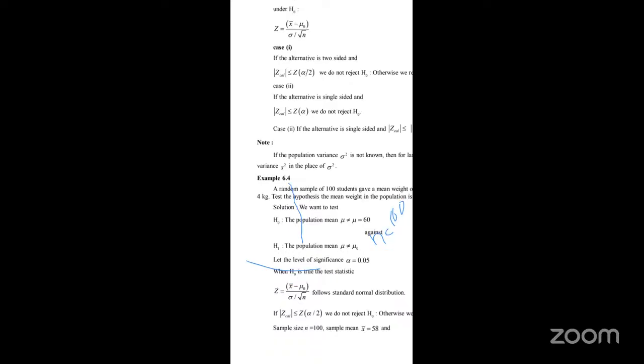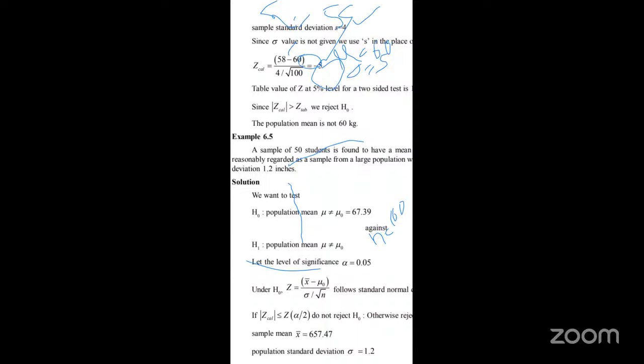In a large sample, sigma equals the sample standard deviation, which is equal to 4.